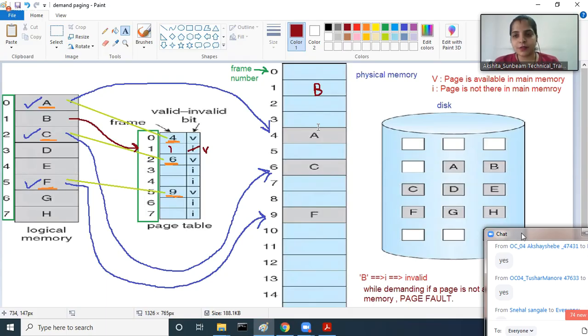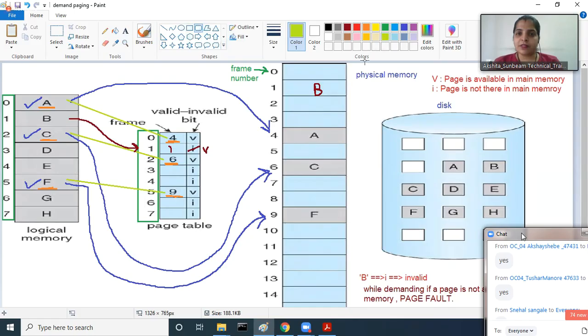So what is the solution? The solution is, it is a page fault. Page fault है मतलब मेरा यहाँ पे page available नहीं है and I'm not able to execute it. So in that case, we have to take out some process or take out some page.